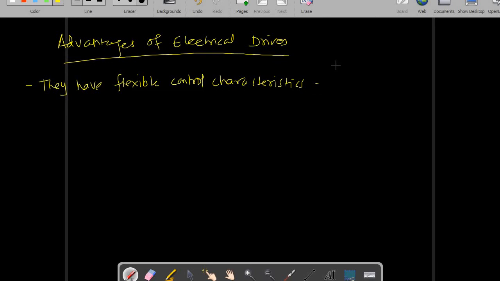Electric braking can be employed. Control gear requirement for speed control, starting and braking is usually simple and easy to operate with this electrical drive. Hence, we are saying that electrical drives have flexible control characteristics. Now, why is this achievable?